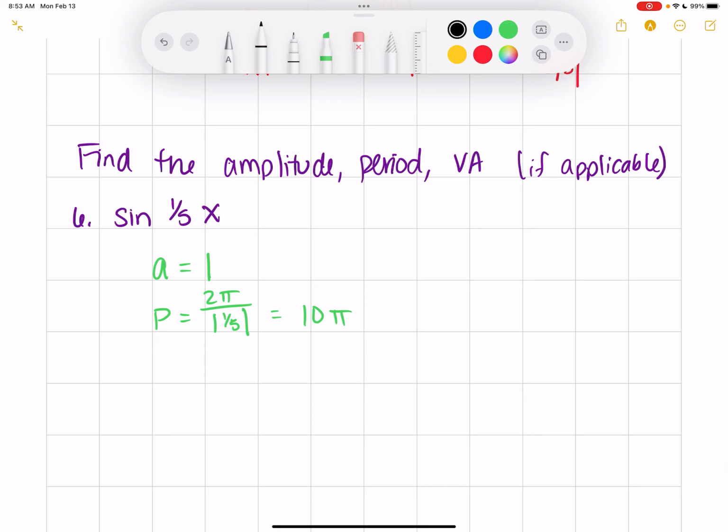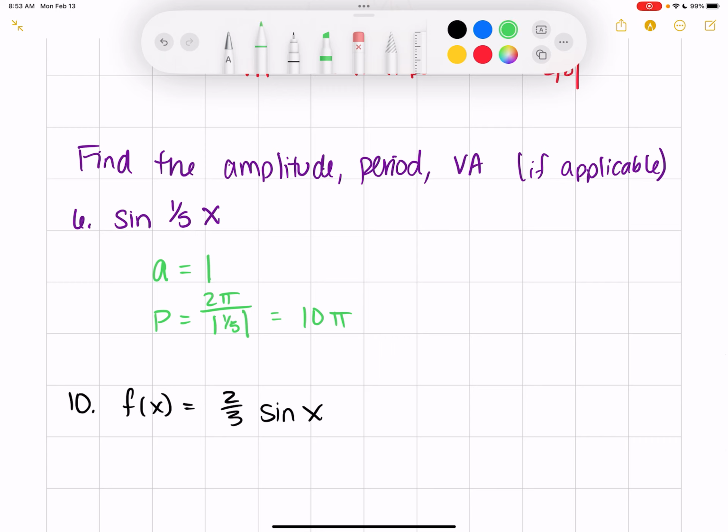Let's see. 10. F of x is equal to 2 over 3 sine of x. So amplitude would be what? Yep, 2/3.